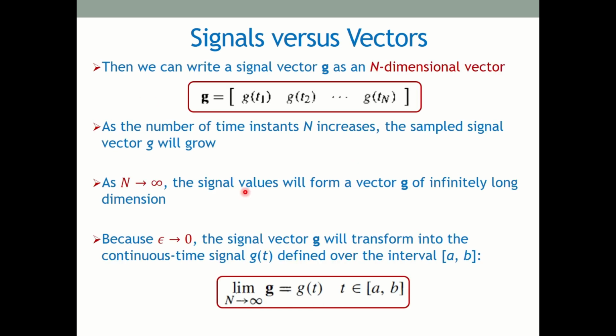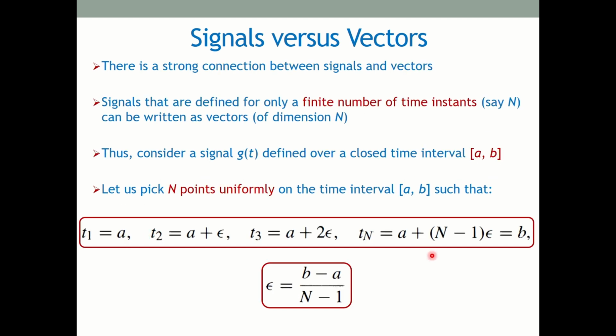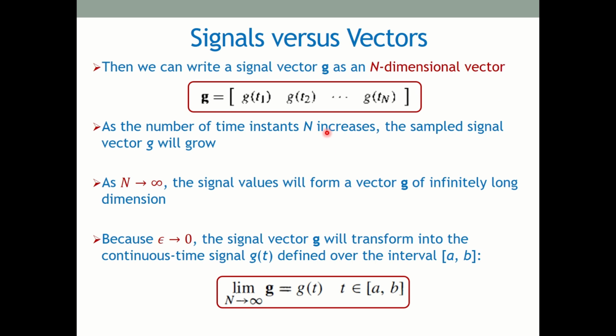So if we have this distribution of the time instants t1 up to tn, when we substitute these time instants in the formula for g(t), or we sample g(t) at these time instants, we get an n-dimensional vector starting from t1 up to tn.